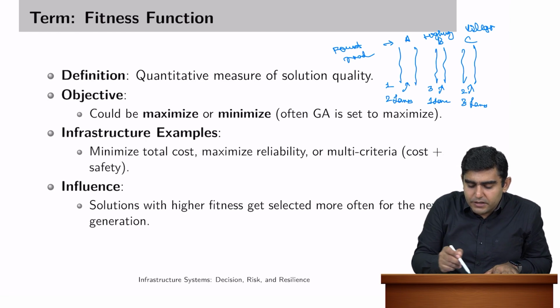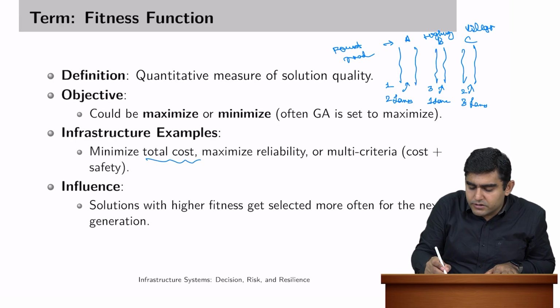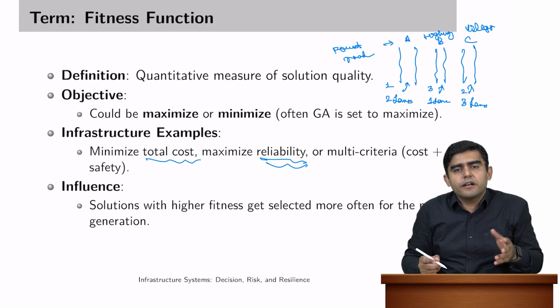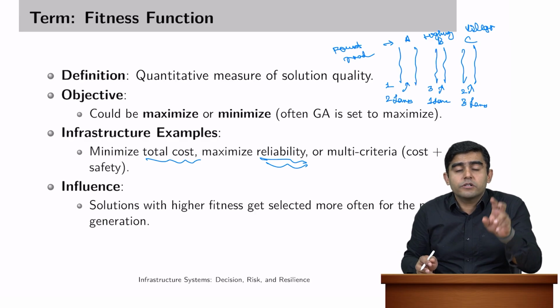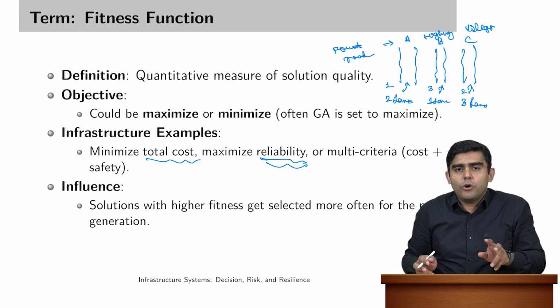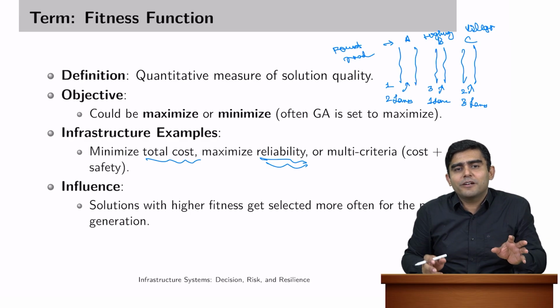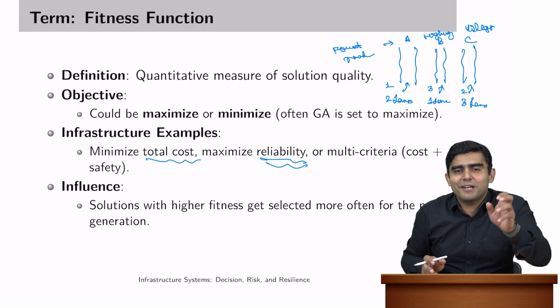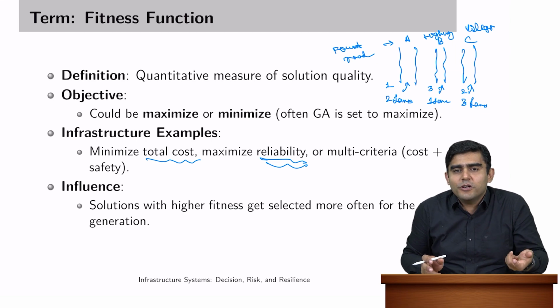And this is typically what you would see in many infrastructure examples: minimize total cost, maximize reliability. Again, reliability is going to be a vague word, and I am not going towards theoretically guaranteed maximization or minimization. All I'm saying is nearly maximize. So that's where the word near optimal comes into the picture. I do not care about exactness. I care about the best approximation of the problem at my disposal, because I don't know the objective function.